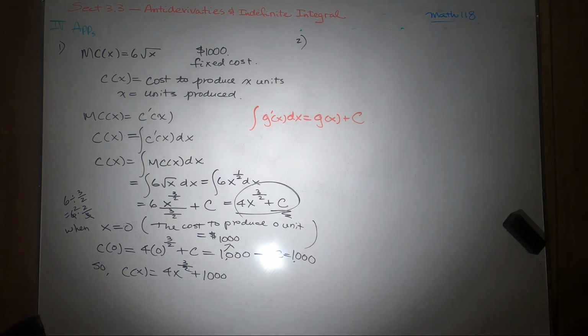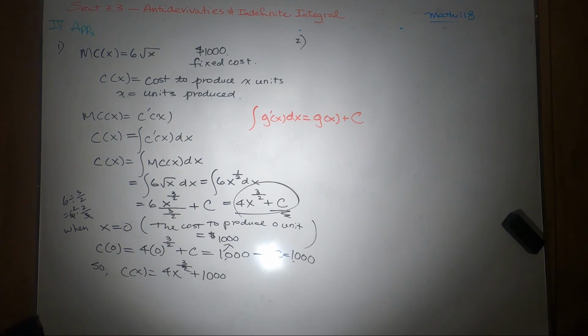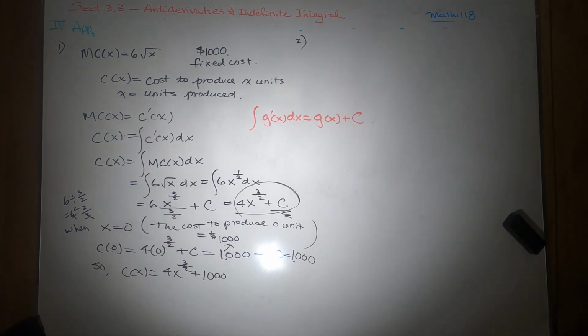The GDP of a country is 78 billion and growing at a rate of 4.4 t to the negative 1/3 billion dollars per year after t years. Find the formula for the GDP after t years. Then use your formula to find the GDP after a given number of years.